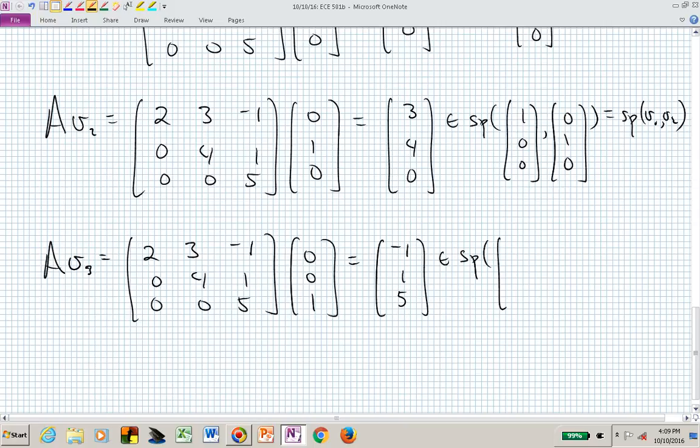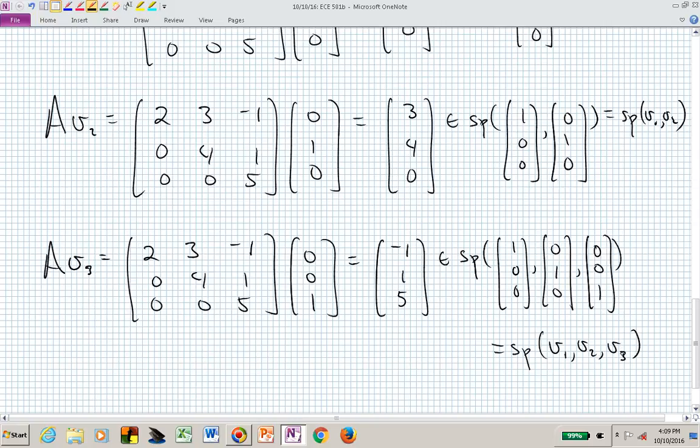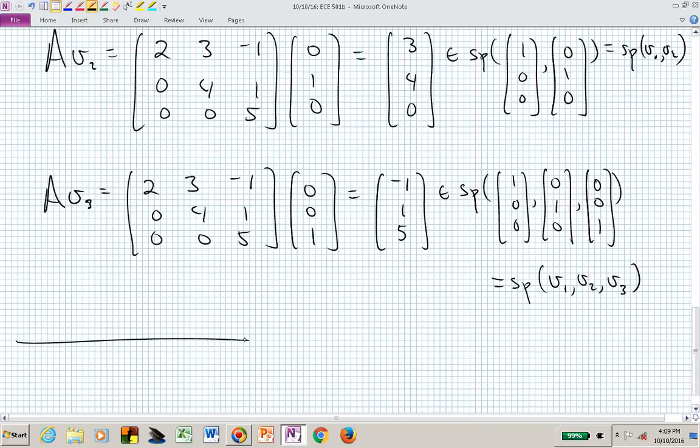We have minus 1 times V1 plus 1 times V2 plus 5 times V sub 3, or this is now in the span of V1, V2, V3.